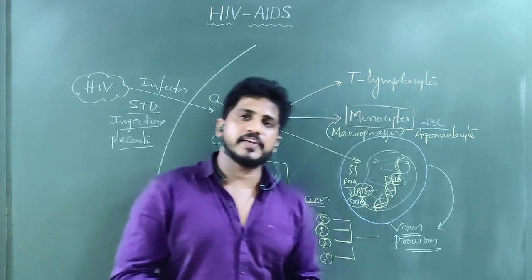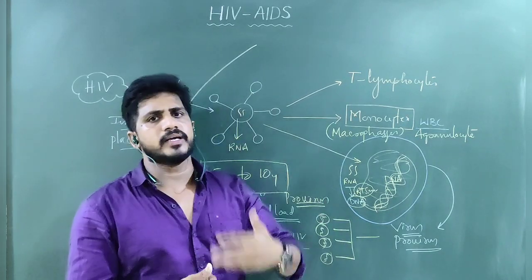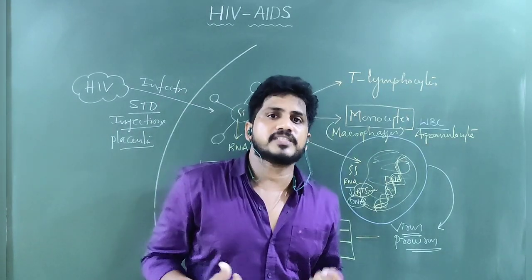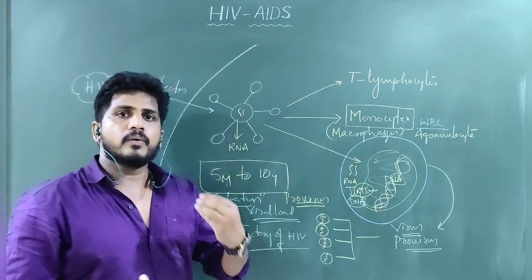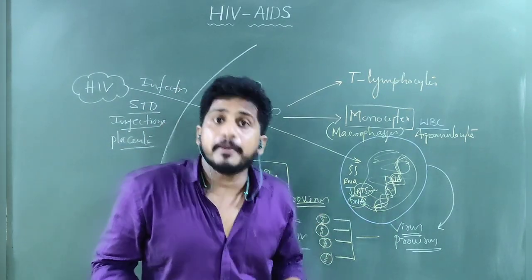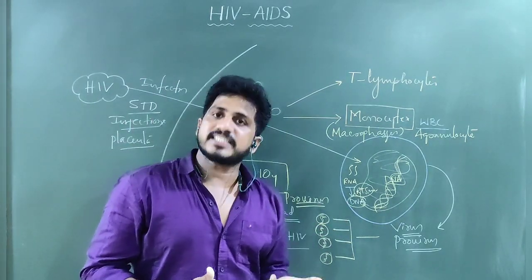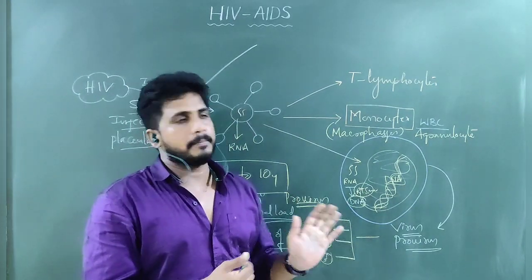What is the incubation period of HIV? 5 months to 10 years. Sometimes maybe 1 year, 2 years or 3 years, according to our immune capacity, it exceeds. Once a person is infected by HIV, not the very next month can he be positive. In this stage, the person is not showing any symptom. It is an asymptomatic period.